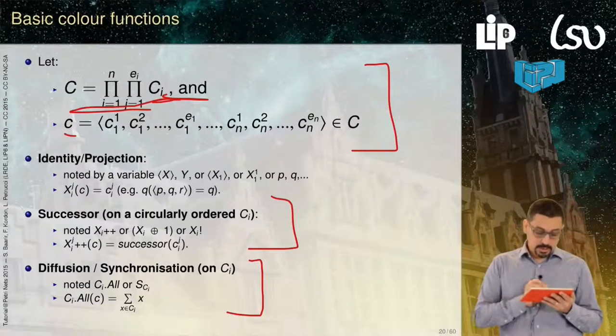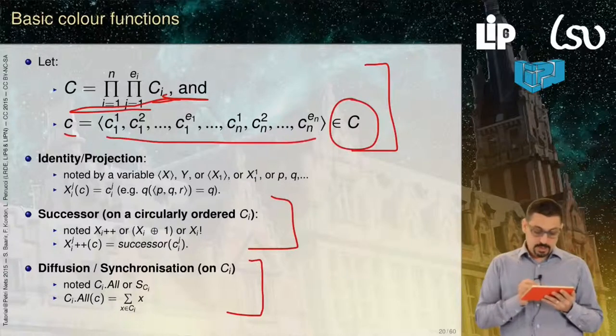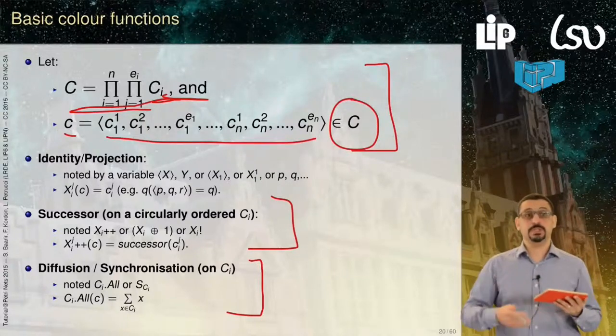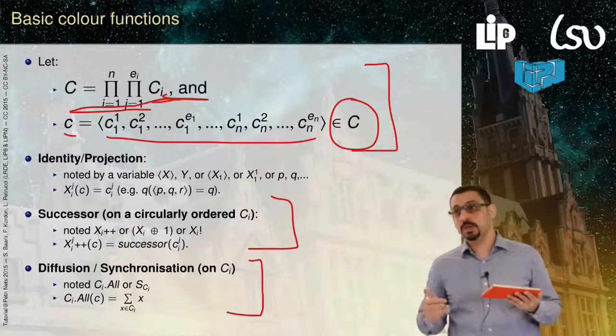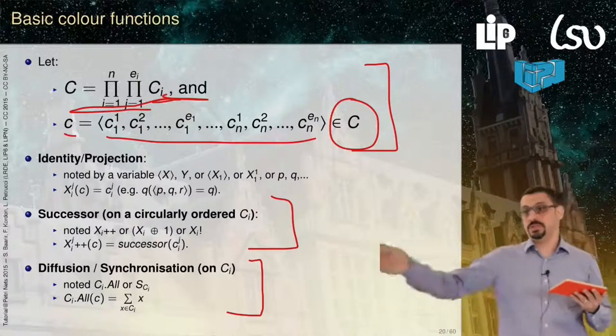So a color from C can be of this form. You can, for example, make C1 cross C1 cross C2, or C1 cross C2 cross C1.